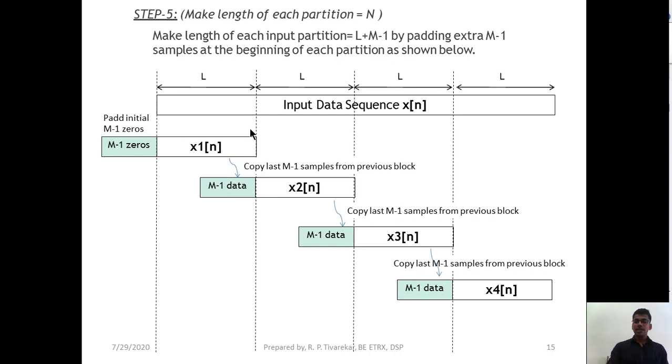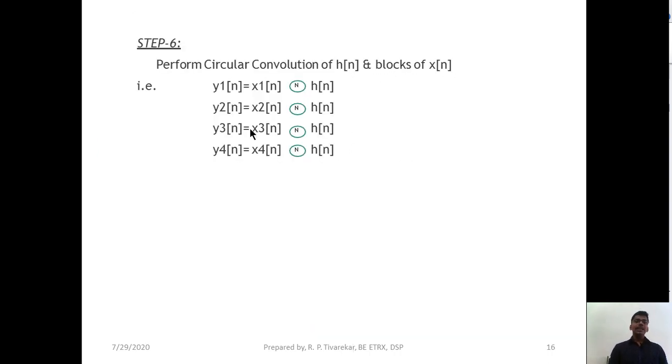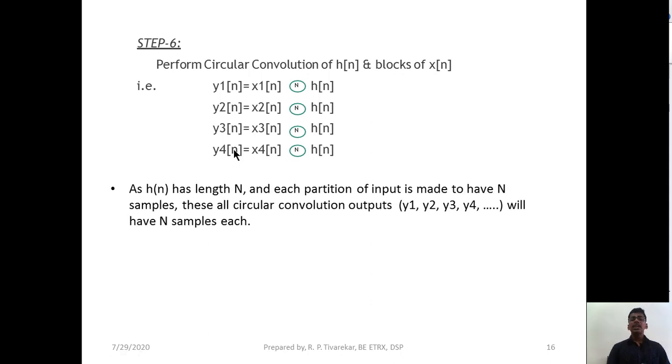In step 6, each of these individual sequences x1 of n, x2 of n, x3 of n and x4 of n are individually circularly convolved with the impulse response h of n to obtain results y1 of n, y2 of n, y3 of n and y4 of n. Now, as each input sequence and the impulse response are of length capital N, each of these outputs y1 to y4 will have capital N samples.